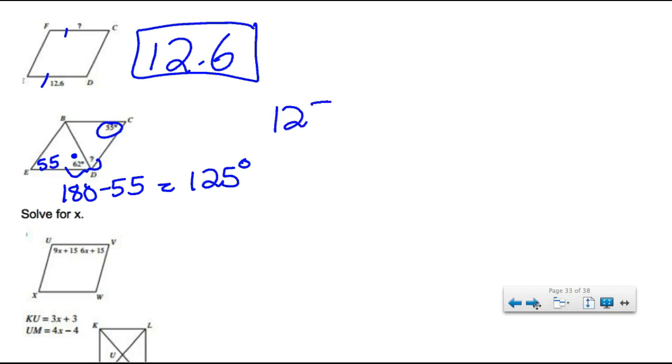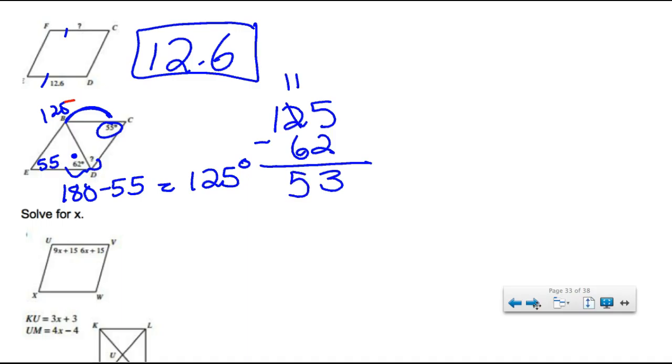So I'm going to take 125, and again, I know that's 125 because the neighboring angles have to add up to 180. So I'm going to take 125 and remove the 62 that's in there. And what that gives me is 63. Oh, silly, I can't do arithmetic. Sorry, I didn't need to borrow. 63 degrees for question mark.